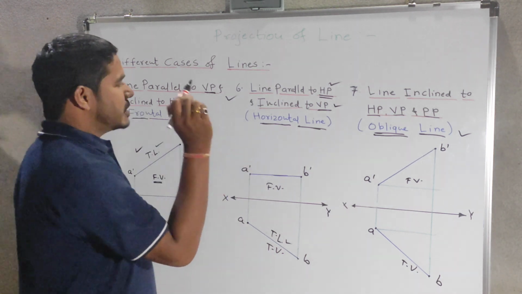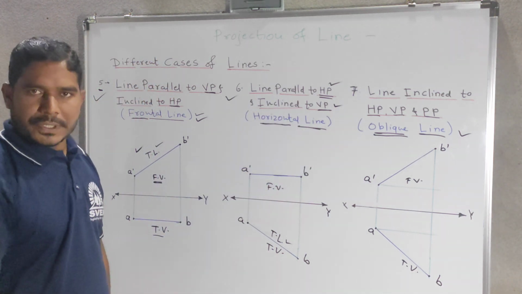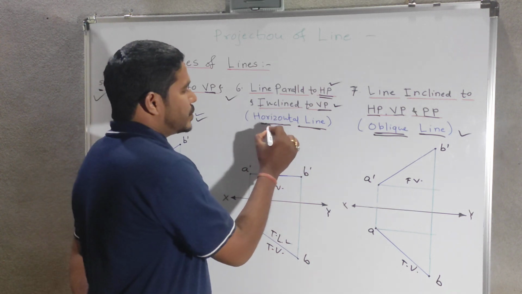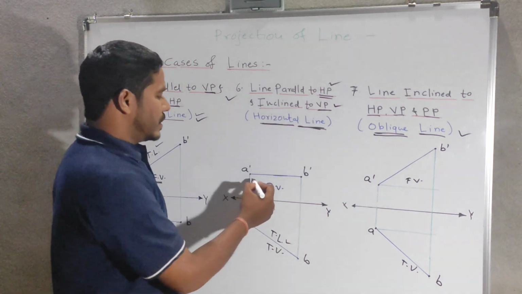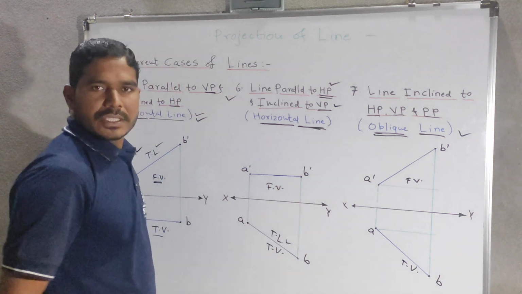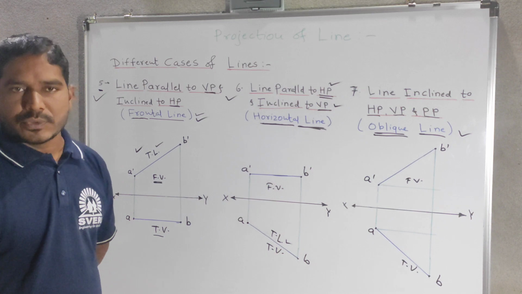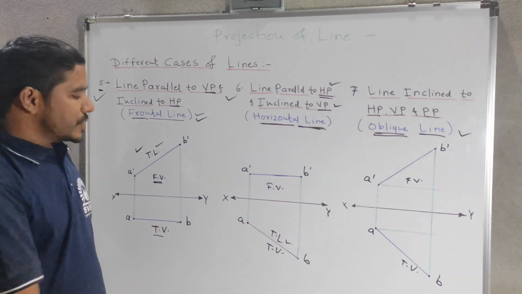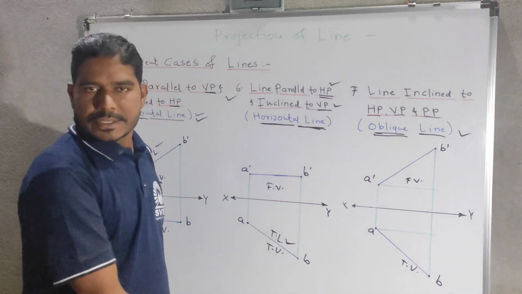The sixth case was the line parallel to the HP and inclined to the VP, which we call a horizontal line. Its front view is parallel to XY, its top view is inclined to XY, and the top view provides the true length.